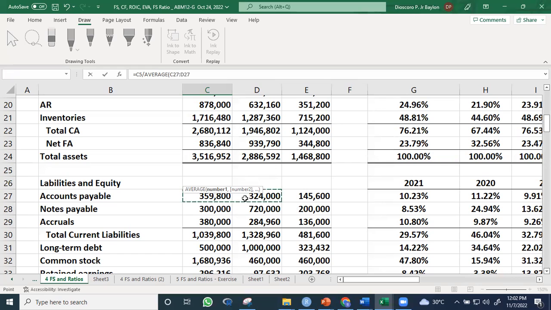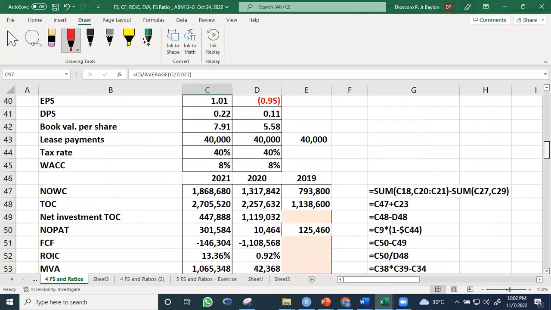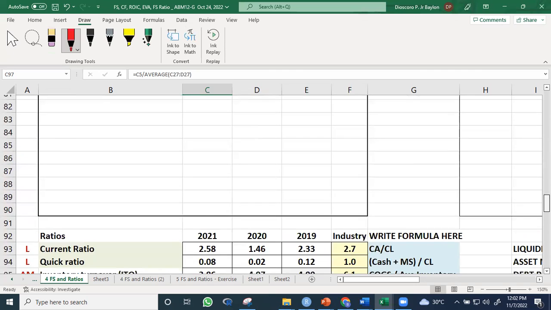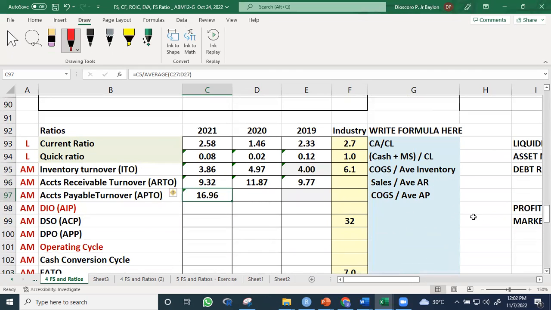Yung trade payables ang titingnan natin, kasi si notes payable, may interest yan. Okay, so we have these figures. Okay, so it's 16.96. Let's just analyze that.